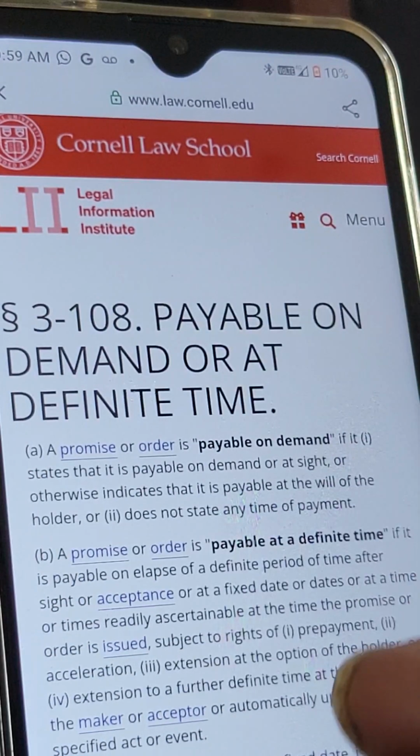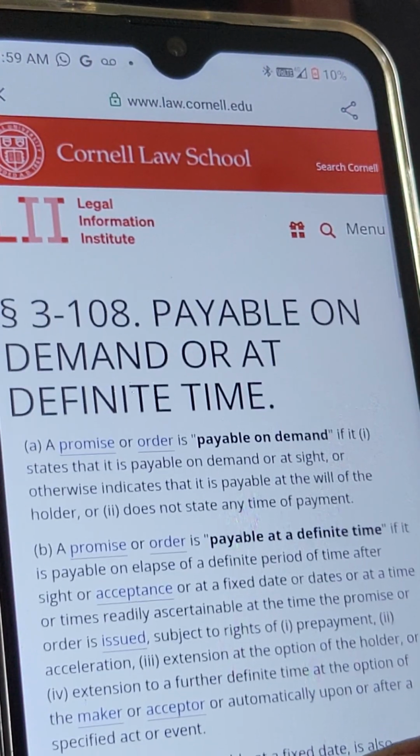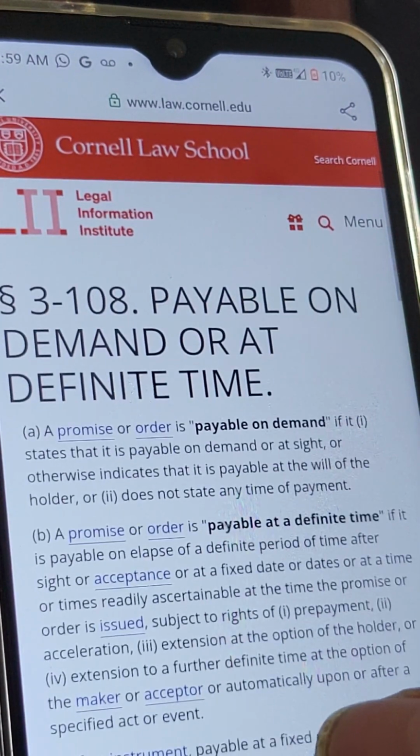So let's see. 3108, payable on demand or at definite time.